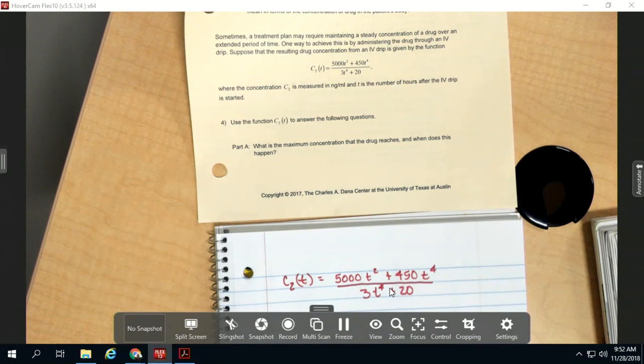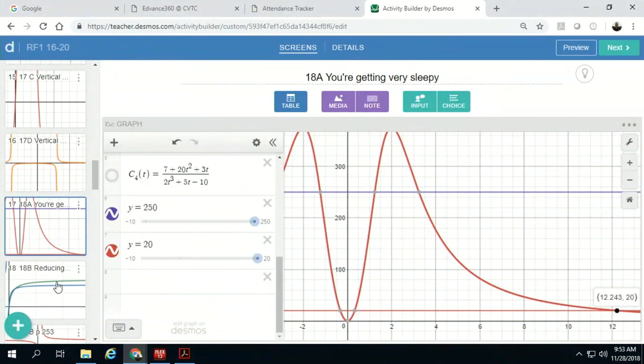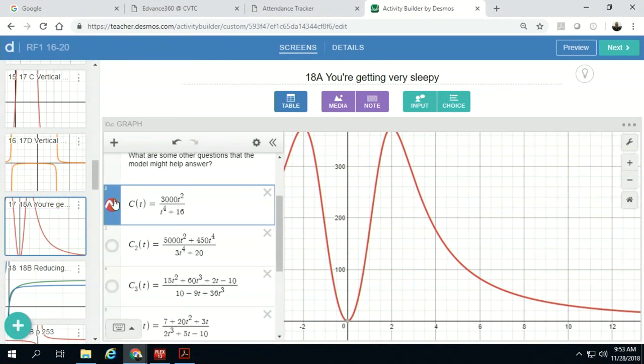What is the maximum concentration that the drug reaches, and when does this happen? They didn't say graph the function, right? They didn't say solve the function. All they did is they gave you a question. To me, the best way to answer that question is to graph that function. And so I'm going to do that. C2.